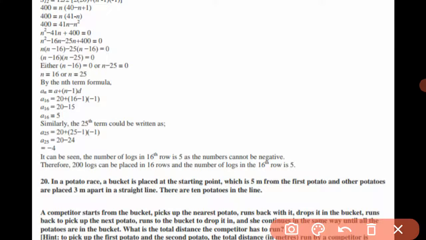But this minus 4 cannot be possible, as the number of logs cannot be negative. So the number of logs in the 16th row is 5. Therefore the 200 logs can be placed in 16 rows and the number of logs in the 16th row is 5. So this will be the correct answer.